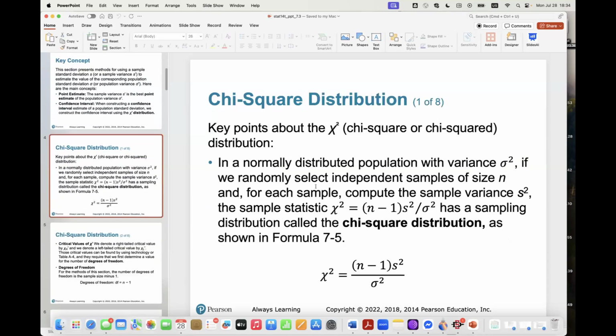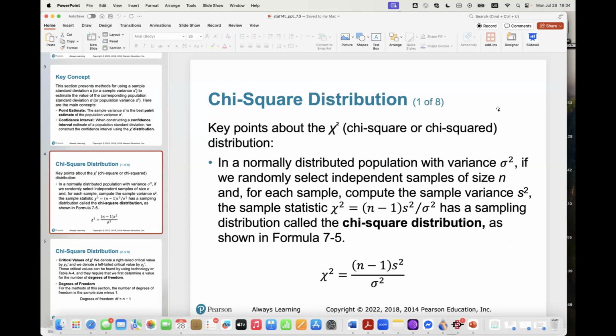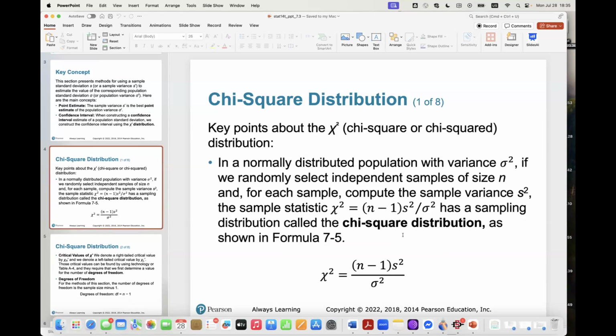Now, what is the chi-square distribution? Key points: in a normally distributed population with variance sigma squared, if we randomly select independent samples of size n, and for each sample compute the sample variance s squared, the sample statistic chi-square equals n minus 1 times s squared divided by sigma squared, and has a sampling distribution called the chi-square distribution, as shown in formula 7.5.